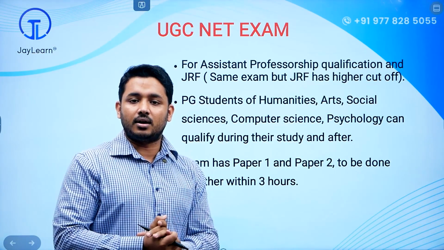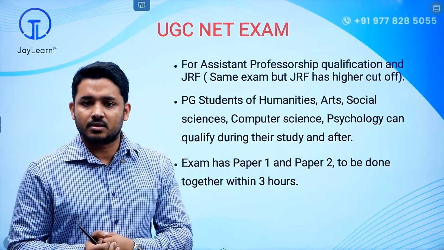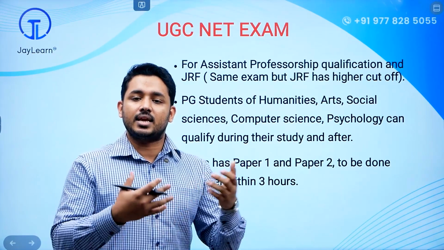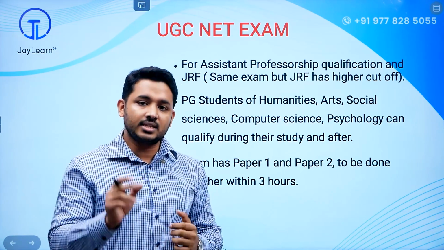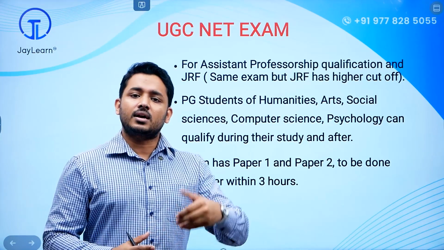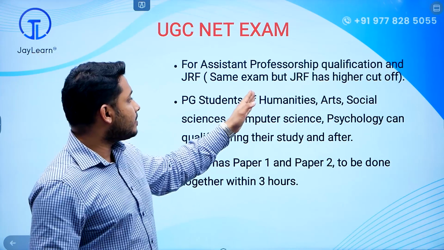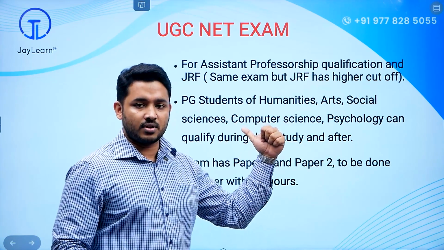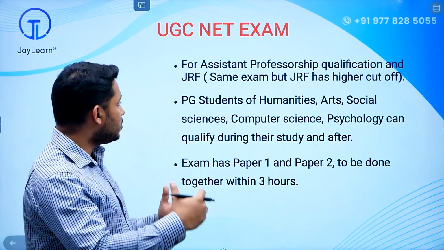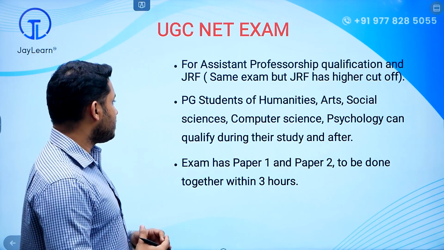For example, the cutoff for NET in English is say 97 percentile, not percentage, 97 percentile. Then the cutoff for JRF would be say 98 or 99. So the same exam but a higher cutoff for JRF. We'll tell you what JRF is and what an assistant professor is.